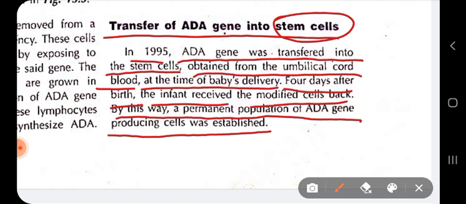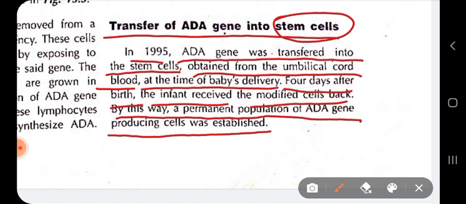So SCID patients who are suffering can be treated at a young age. What we have done is isolate the stem cells from the umbilical cord, modify them by introducing the ADA gene via a vector, and then reintroduce them at the time of the baby's delivery.